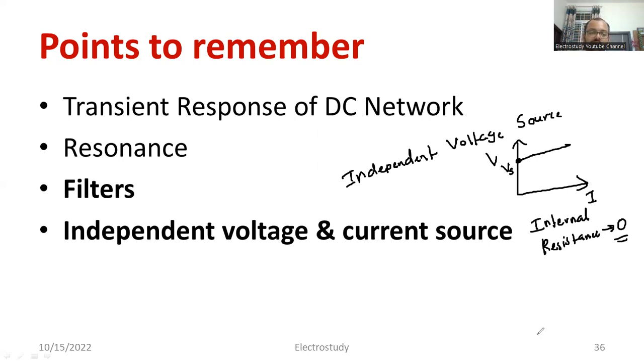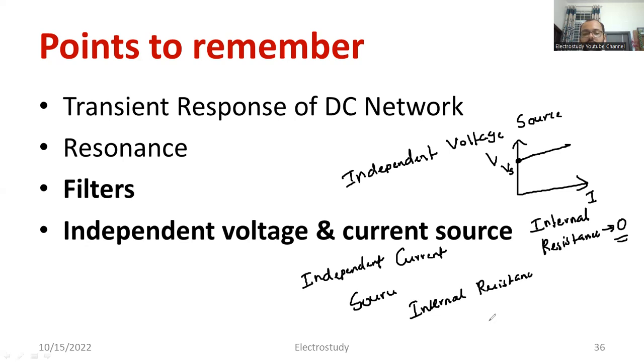If I talk about independent current source, here the constant current is produced at the input side. Also, the internal resistance of independent current source is equal to infinity.